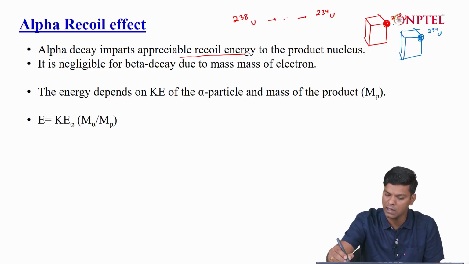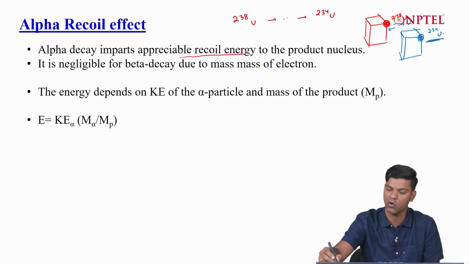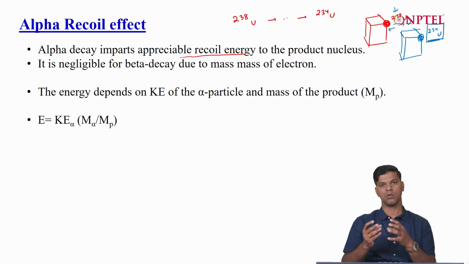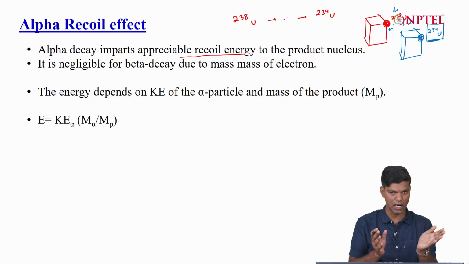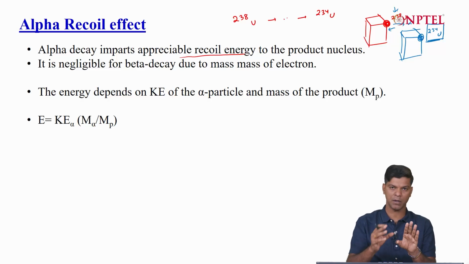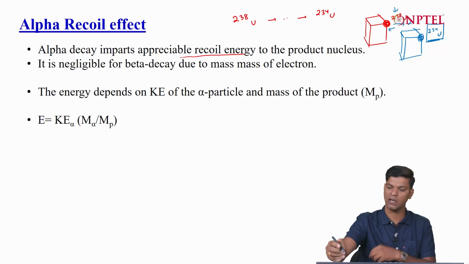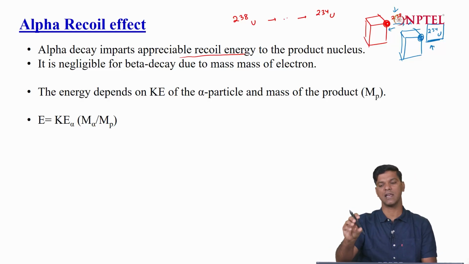Because there was a release of alpha and there is a recoil effect, this 234 uranium at this site is not as stable as it was for 238. Now, the stability of an element inside a mineral is largely linked to the elemental behavior, not the isotopic behavior. That means 238 uranium or 234 uranium both should have the same stability. But because there was a recoil effect, 238 decayed to 234 is less stable at that phase.